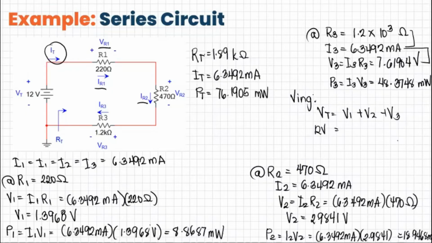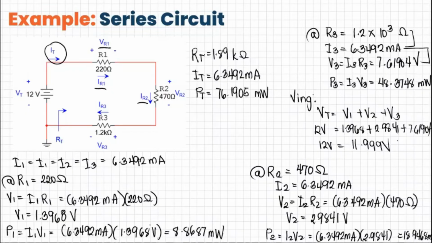Adding 1.3968 plus 2.9841 plus 7.61904, the total is approximately equal to 12. What you compute there is 11.999 and so on. So the individual voltage drops we computed are correct.